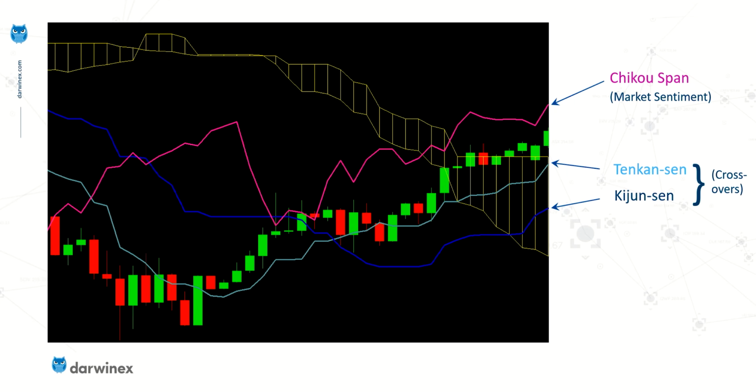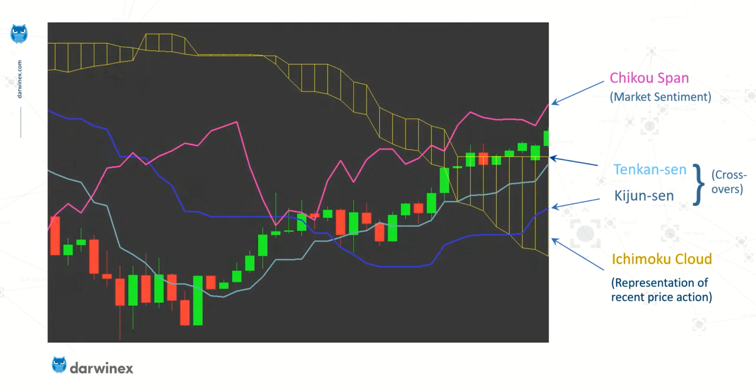Next, we have 2 lines that are drawn in yellow here called the Senkou span A and the Senkou span B. And the area in between those 2 lines is what gives us what's called the Ichimoku cloud. And that's this yellow hatched area that you see here. And this is particularly good at telling us levels of support and resistance.